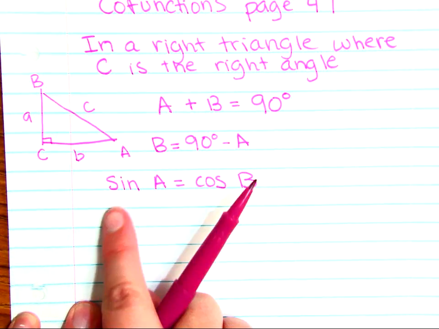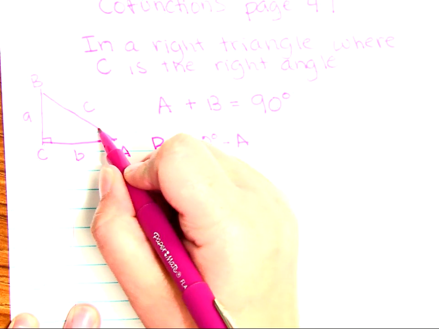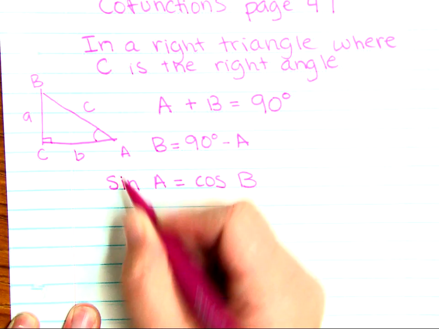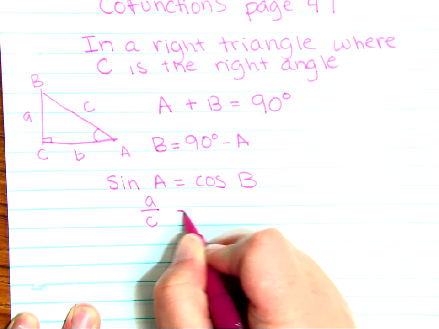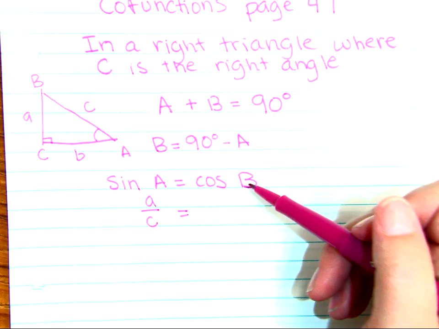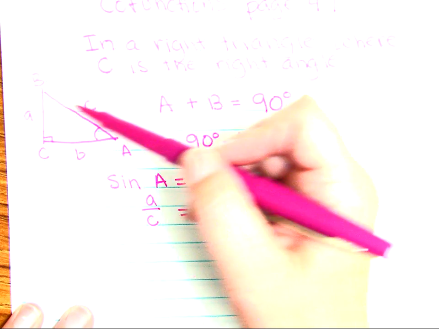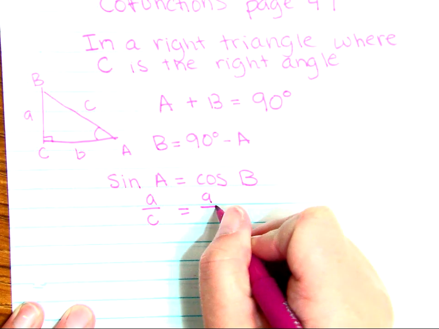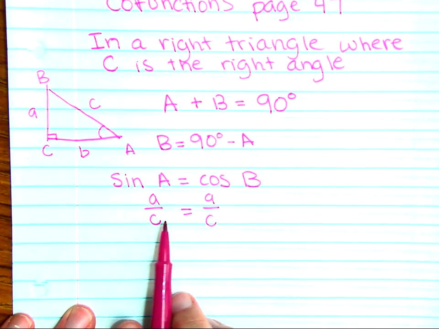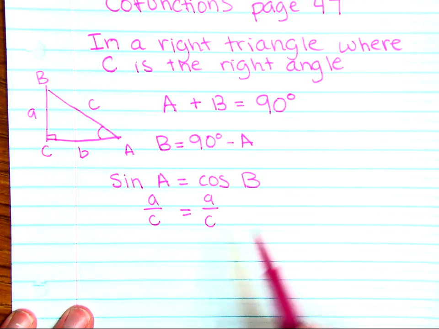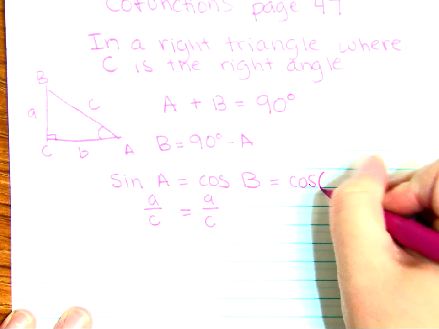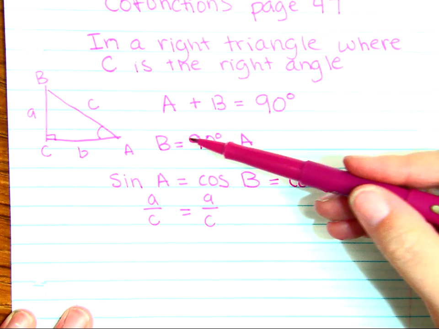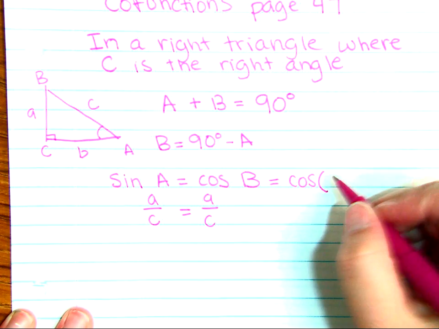The sine of A, here's angle A, that would be a over c, is equal to the cosine of B. Here's B, adjacent over hypotenuse, a over c. These two things are equal. Therefore, we know that this is really equal to the cosine of, do you see, B is also equal to 90 minus A.